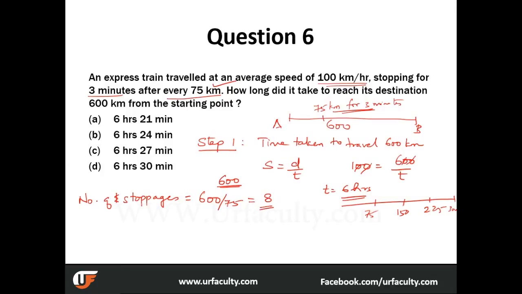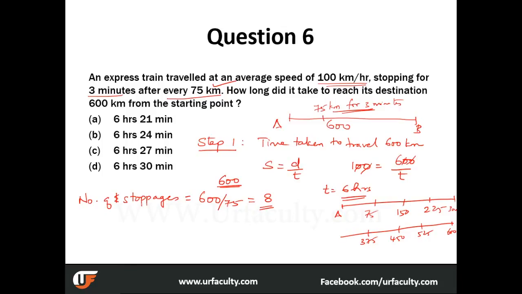Now if you look at it, you are starting at point A and you are going so far. So you reach 300 here, then I'll just continue. You reach 375, 450, 525, 600. So if you look at it, the number of stoppages are 1, 2, 3, 4, 5, 6, 7, 8.